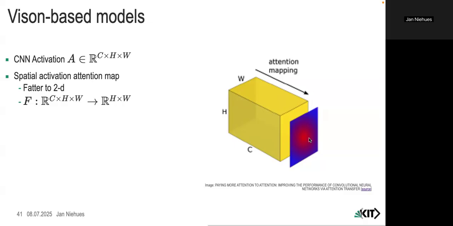If your hidden activation is width times height times the different channels, so the different activations for each pixel, you want a function that removes the channels. The easiest way of doing that is to just take the sum. When you have some hidden activation for each pixel, you sum the absolute values of the activation, thereby interpreting it as: the more activation there is for one pixel, the more the network will focus on it.